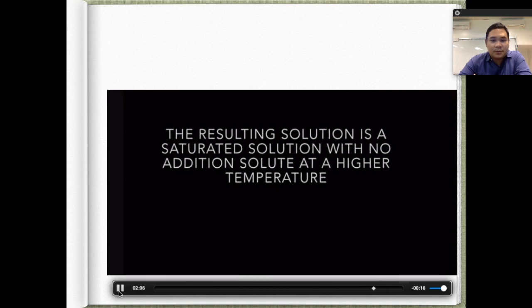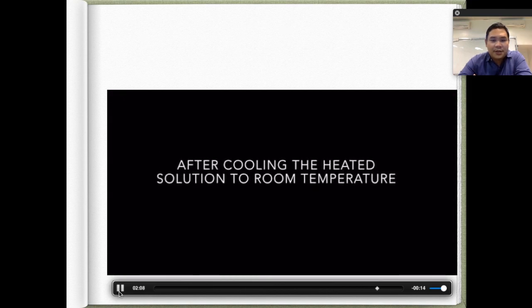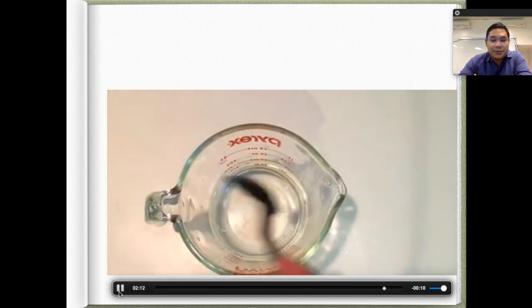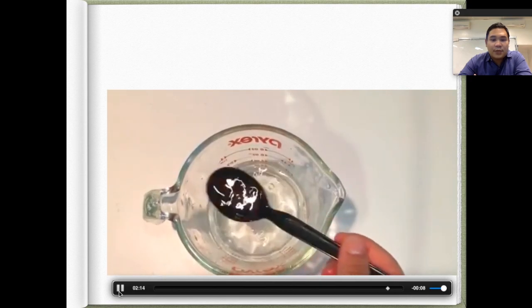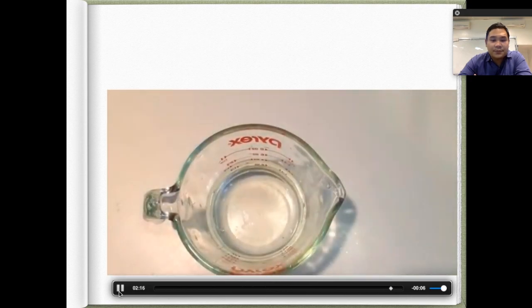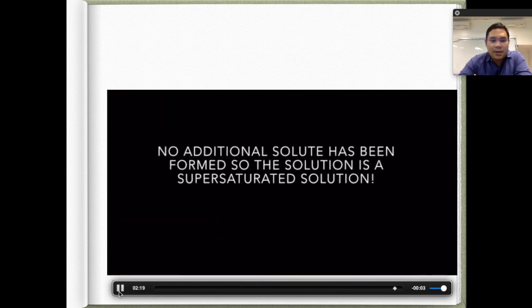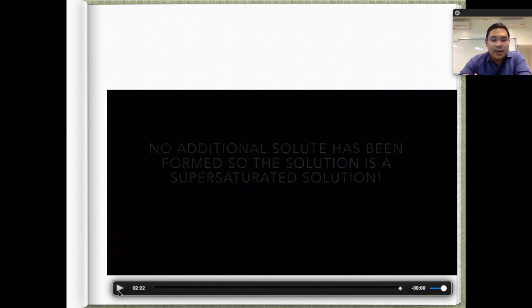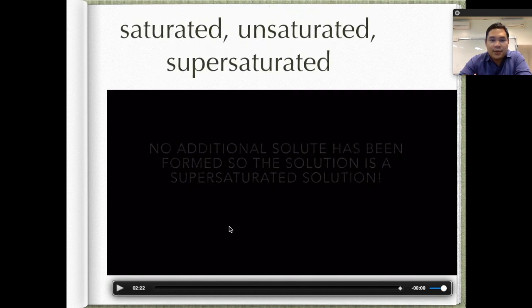What will happen here is we cool the heated solution to room temperature, and then we try to add more sugar. No additional solute is formed, so the solution is known as a supersaturated solution. So we have these terms: saturated, unsaturated, and supersaturated.